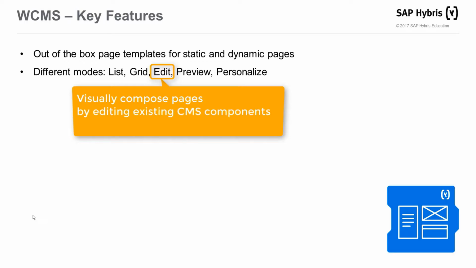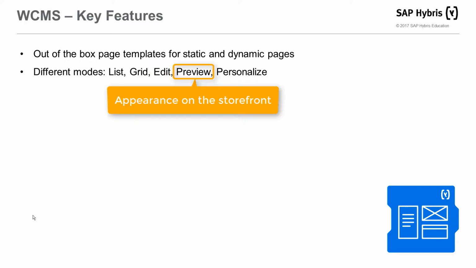Here, you can not only edit the attributes of existing CMS components, but also create new components needed for your layout. The preview mode allows you to see the page as it will appear in the live storefront.